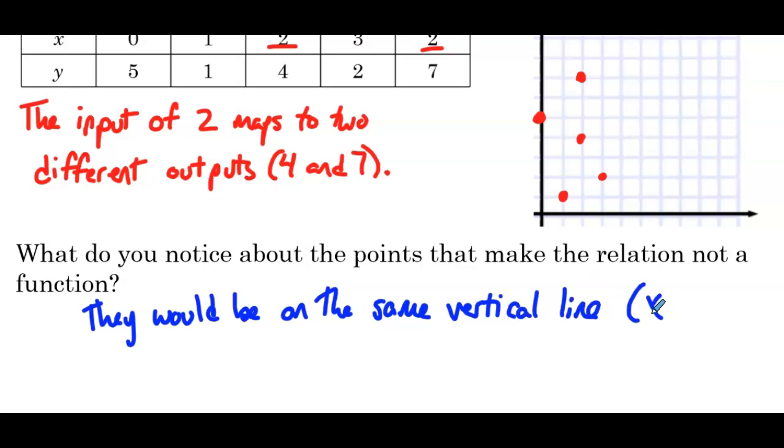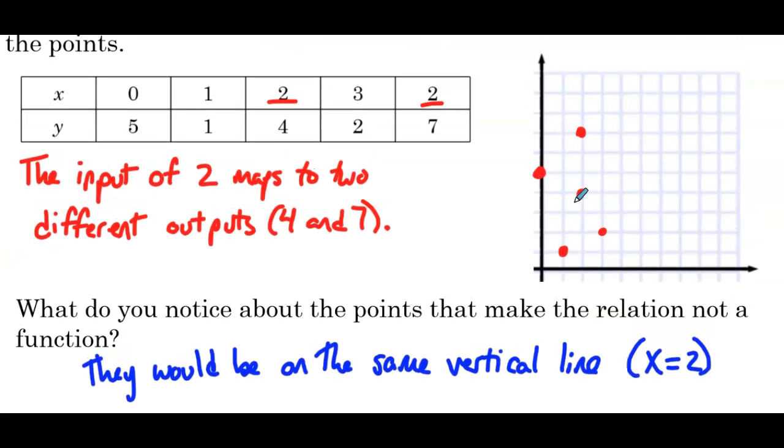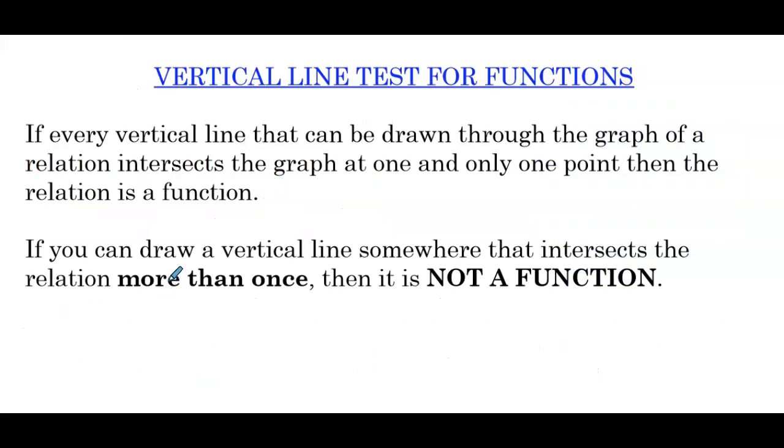More specifically, the line x equals 2. Right, if we were to draw the line x equals 2, both those points would be on that line. Now, that's important because that's going to give us a way to tell if a graph is a function or not. And that's with the vertical line test.